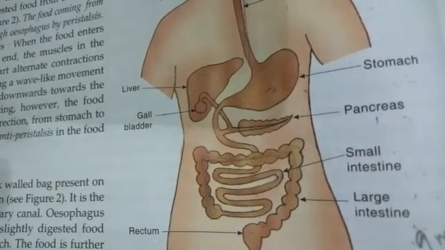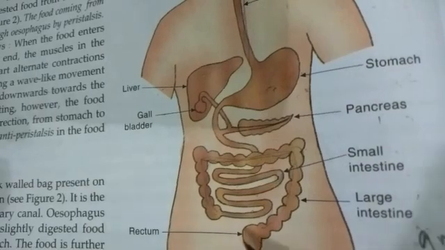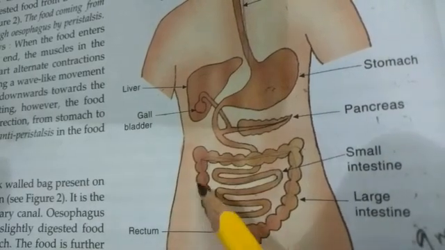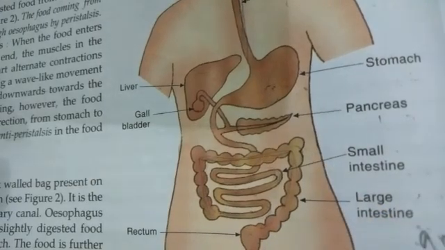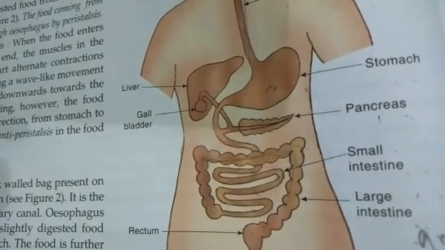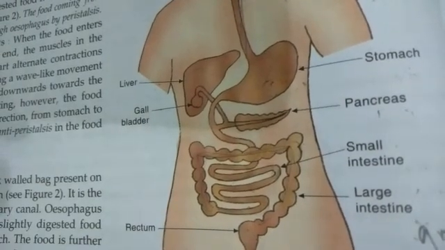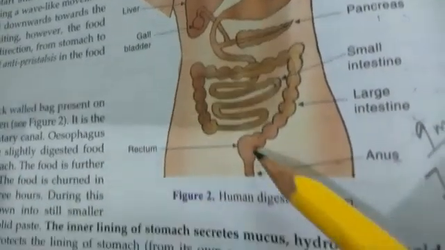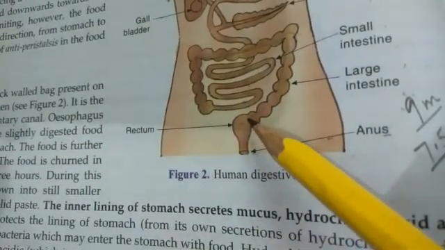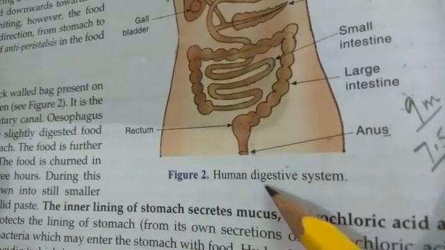And after the absorption, assimilation takes place, and then the undigested food from the small intestine moves where? In the large intestine, where the extra water present in the undigested food is absorbed, and the waste becomes semi-solid that gets stored where? In the rectum. And after then that waste is removed from the body through the anus.